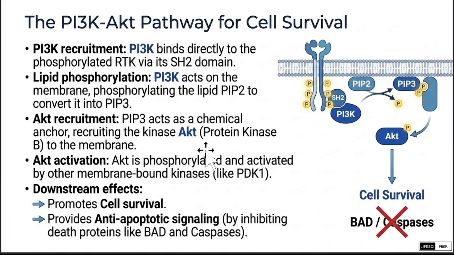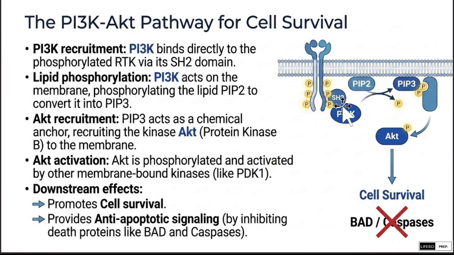Then about the PI3K AKT pathway. After the receptor activates and cross-phosphorylation occurs at the docking site, it recruits the SH2 domain. The SH2 domain activates PI3K, and that acts on the membrane and phosphorylates PIP2 to convert it to PIP3.